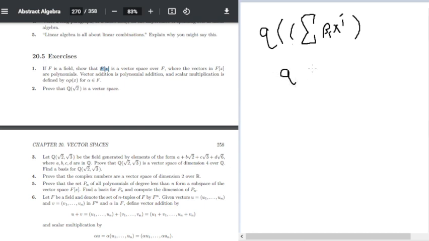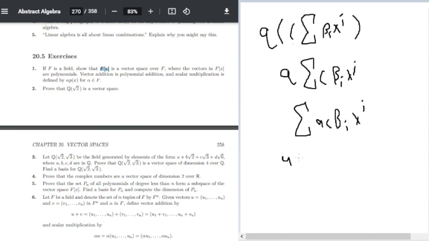Which is equal to alpha times the sum of c beta i x^i, which is equal to the sum of a c beta i x^i, which is equal to a c times the sum of beta i x^i.